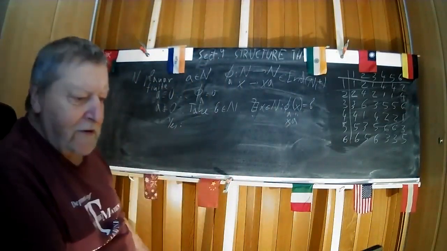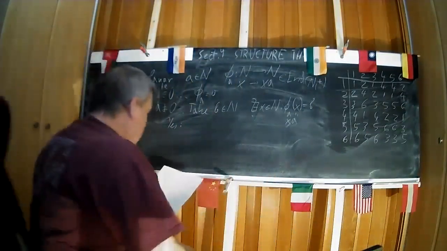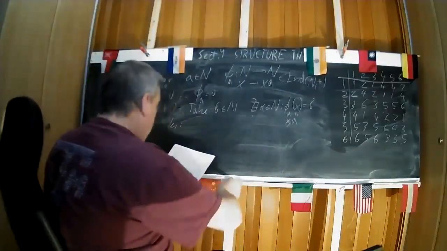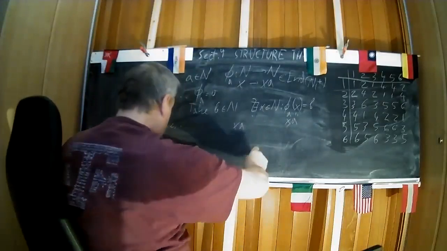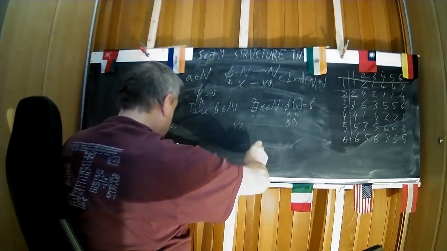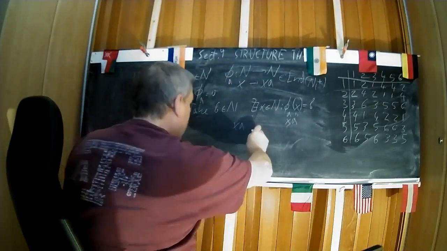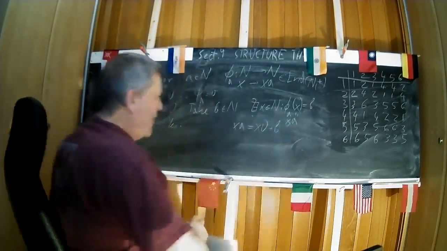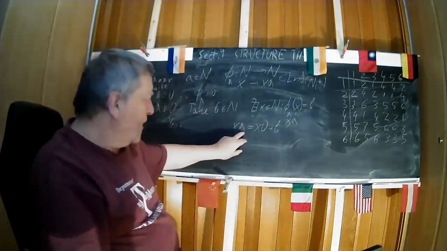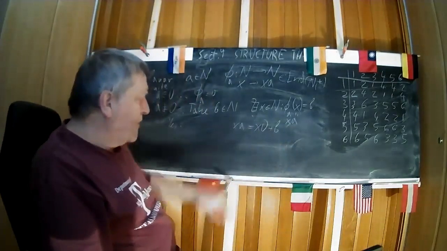If we look at a certain equation, and this equation is x times a is equal to x times 0 plus b. Since a is not equivalent to 0, this must have a unique solution.